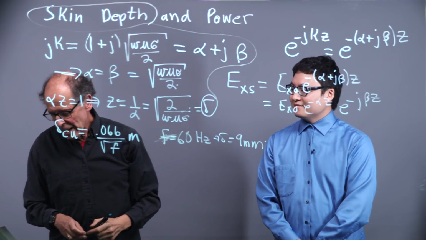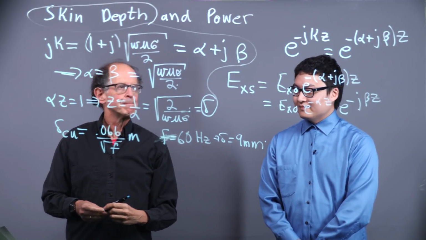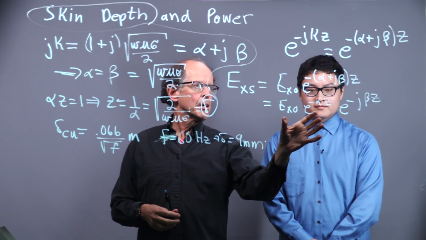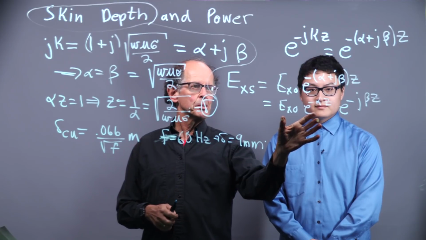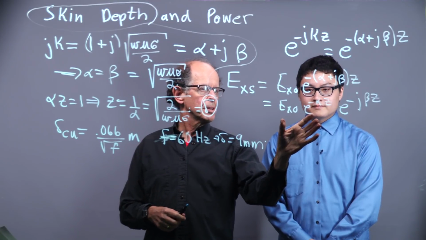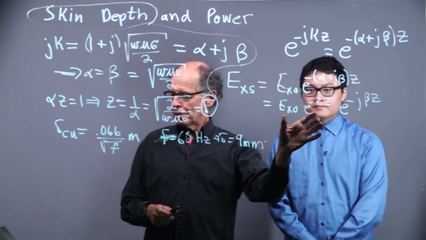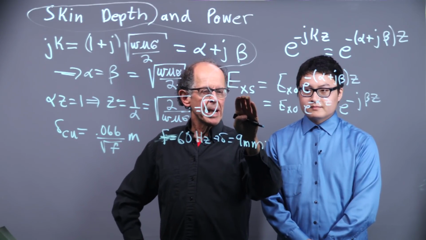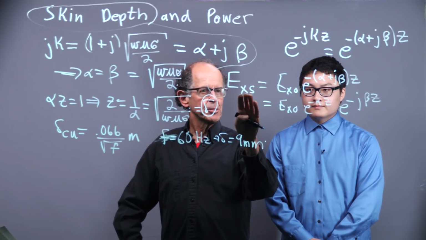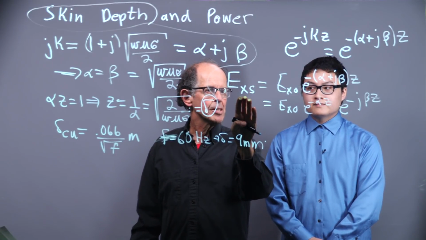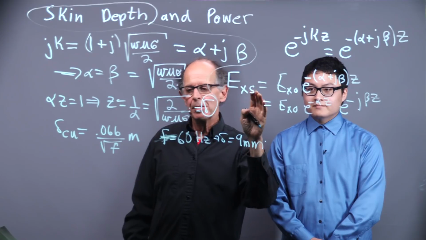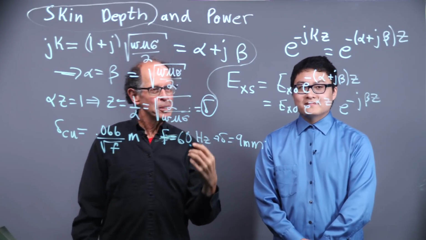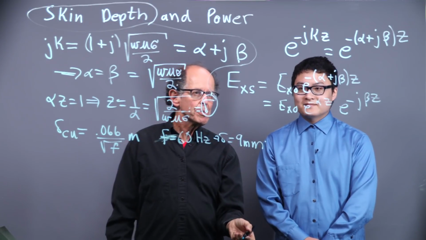Now, what effect does it have on the power? In order to do that, we have a bunch of algebra to do. I'm not going to do it all, just give you the idea of what to do. We need to write the magnetic field in the y direction corresponding to Ex in phasor form, then multiply by the time variation and take the real part, or just stick with phasor form.